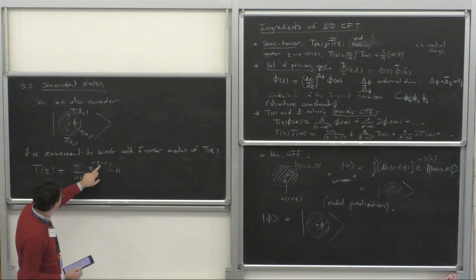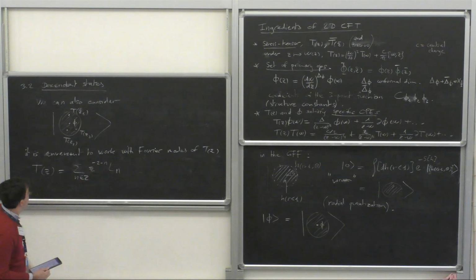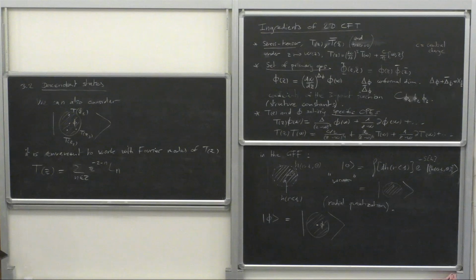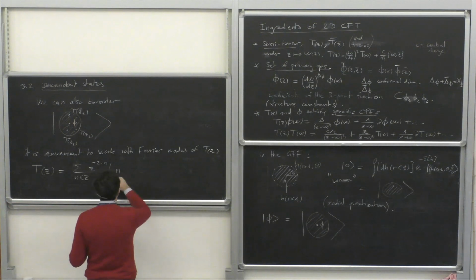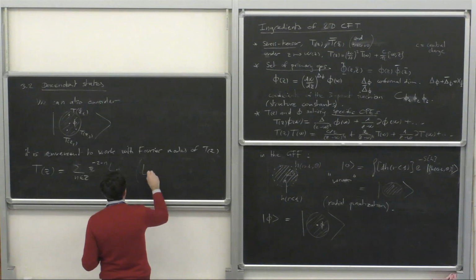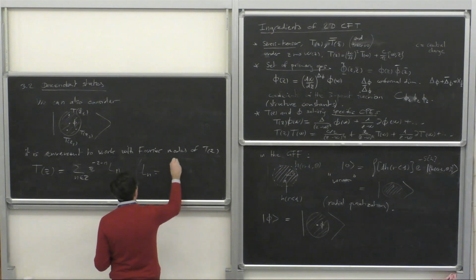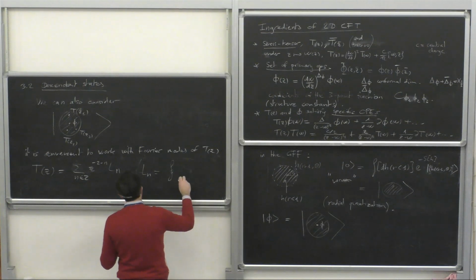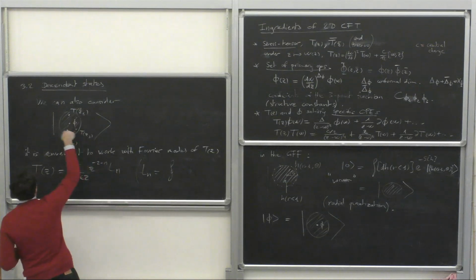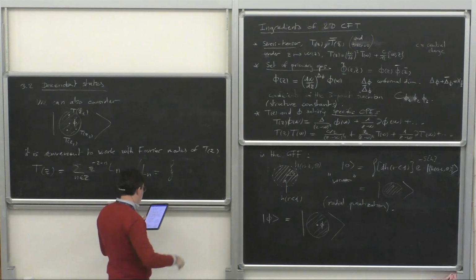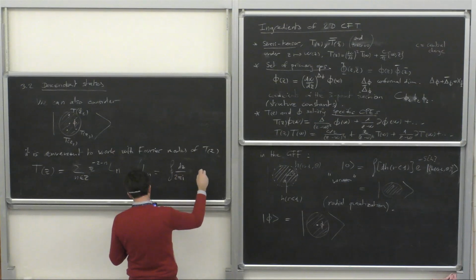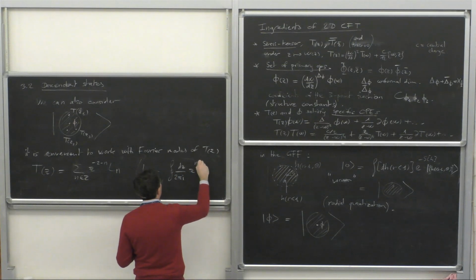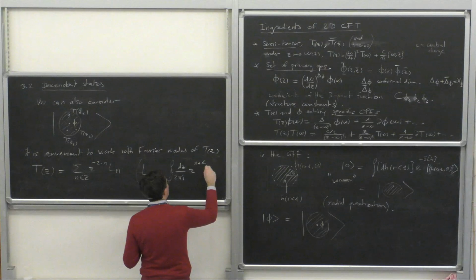That's the reason for the shift by 2 in the indices of the sum. Equivalently, this can also be written as Ln equals the contour integral around the circle of dz over 2 pi i, z to the n plus 1, T of z.